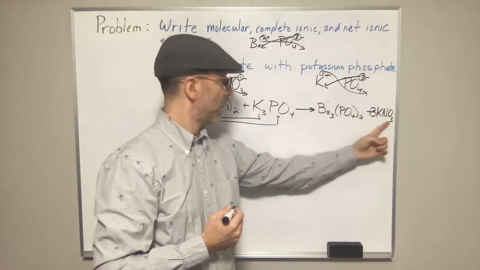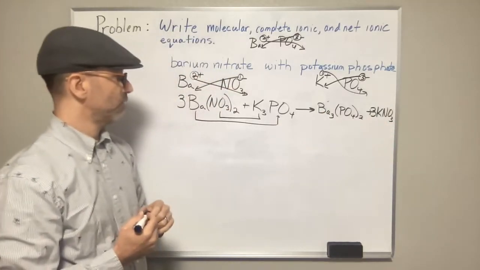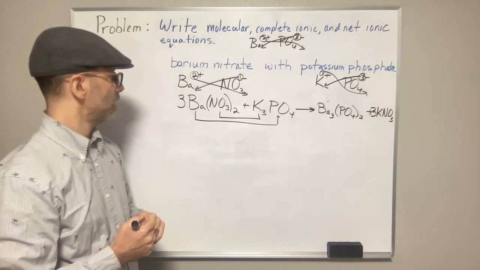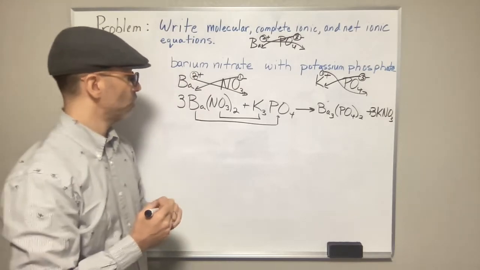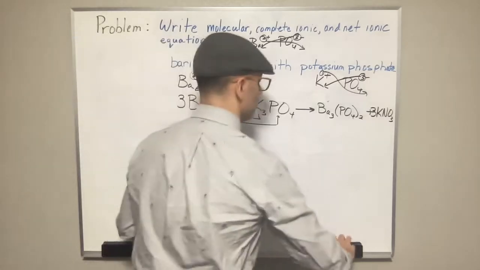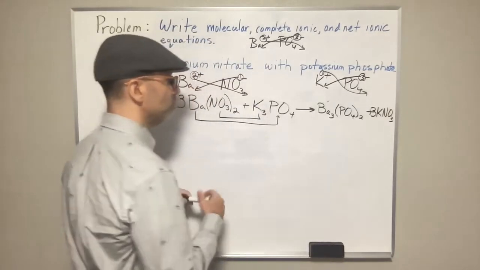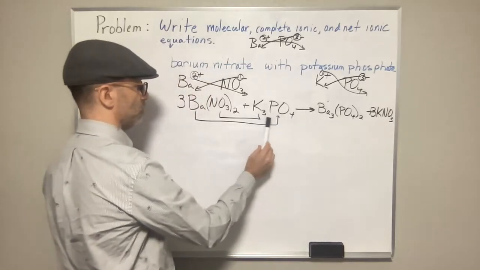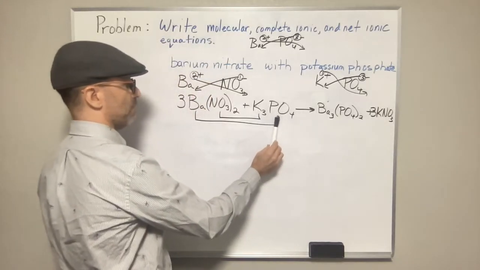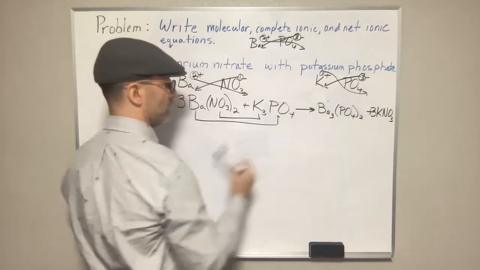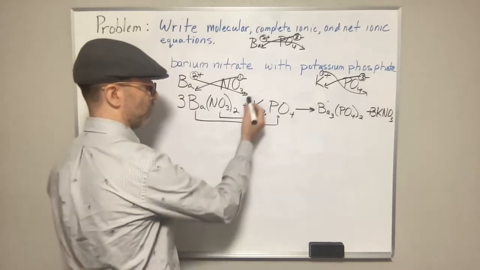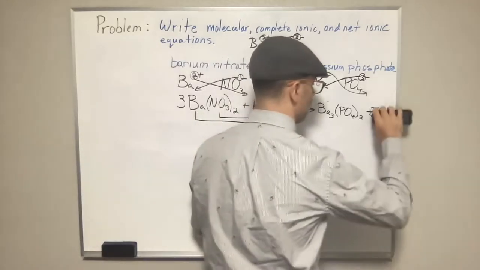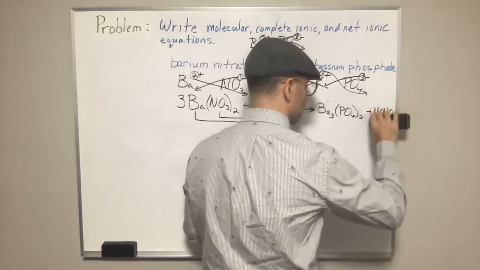Here, I only have 3 nitrates. So I'm going to have to change that to a 6. Well, let's come back to that nitrate in a moment. Let's look at phosphate too. Here I have 1 phosphate, but here I have 2 phosphates. So that's going to have to be a 2 there too. So if I change this, we said that this was going to have to be a 6.